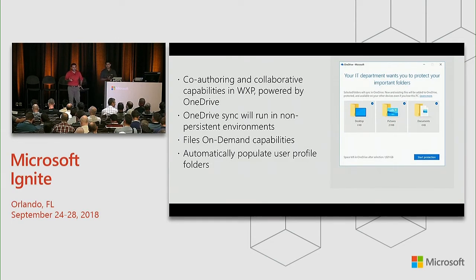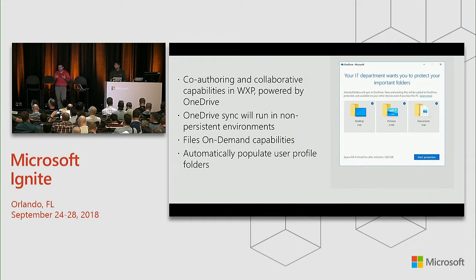So we talked about OneDrive again, and we believe the most important thing about making OneDrive work in these non-persistent virtual environments is that, yes, you get your documents, but it also enables all of those modern collaboration and co-authoring experiences. So now it will work, files on demand will be there, and it will automatically populate the user profile folder.